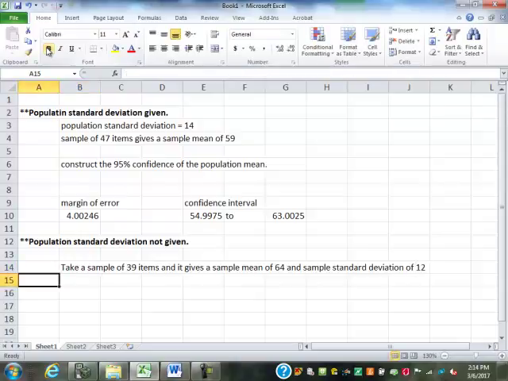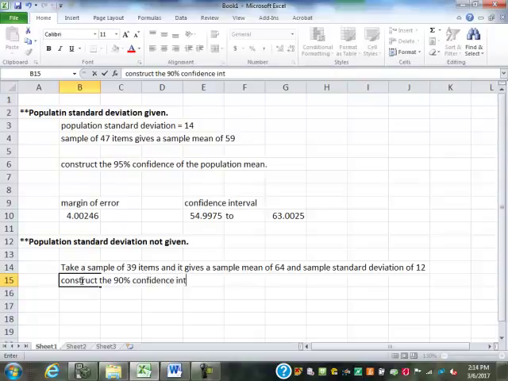Keep our numbers simple here. Now you'll notice the very subtle difference here is up here it actually says population standard deviation. Down here it says sample standard deviation. That's really the only little clue in the problem a lot of times that you're going to get to tell the difference. So we're going to construct here still, we're going to go 90% confidence interval of the population mean.